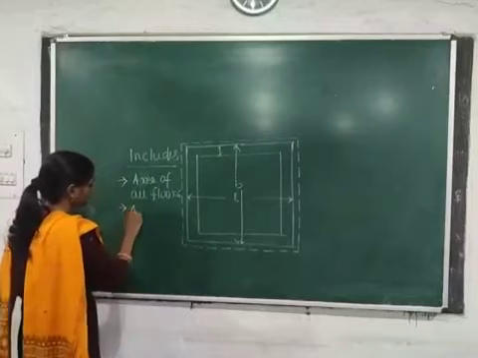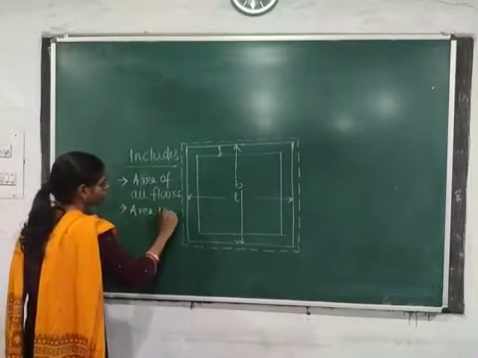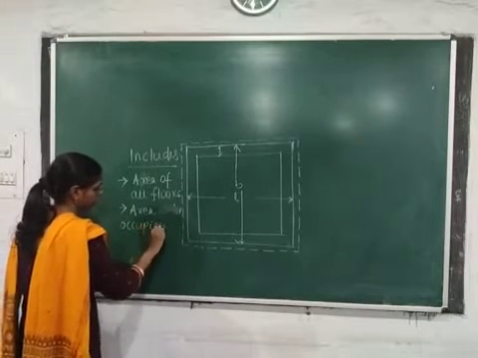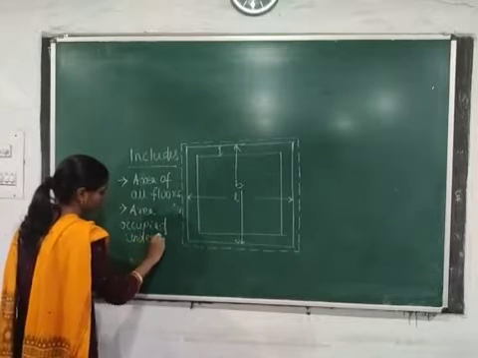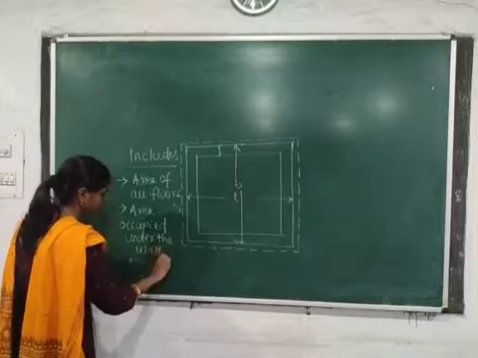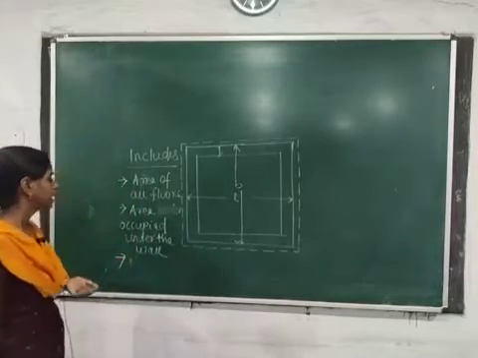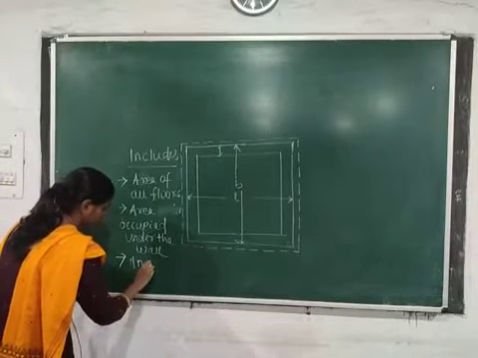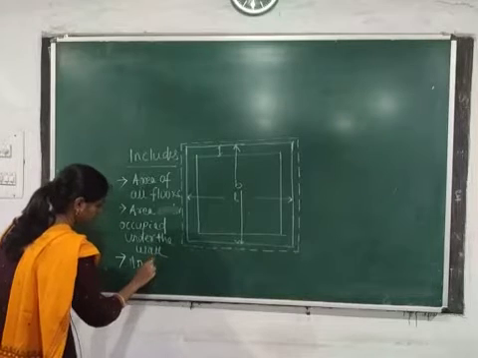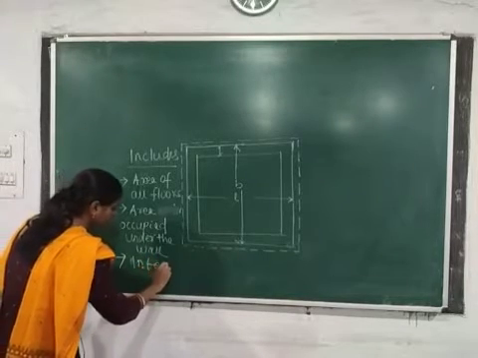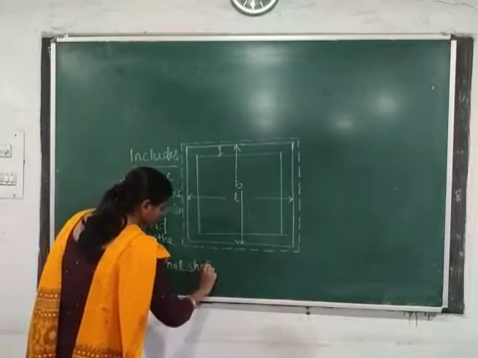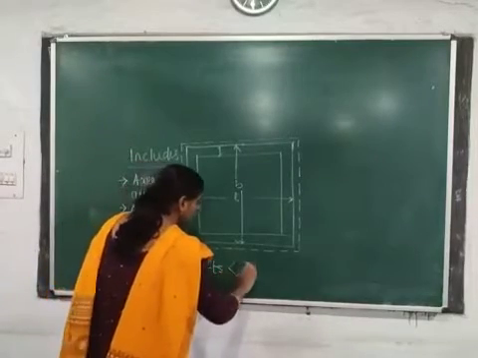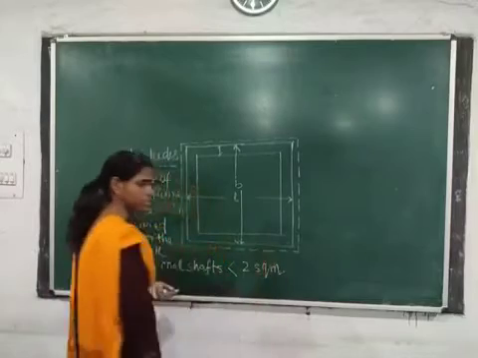Second one is the area occupied under the wall, and it will include the area of internal shafts for any sanitary accommodation if the area is less than 2 square meter.